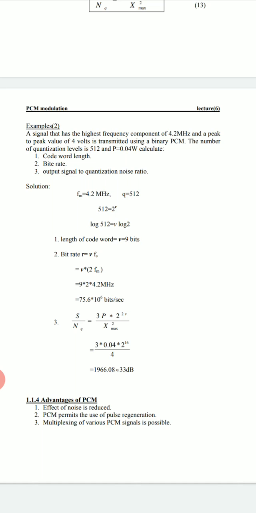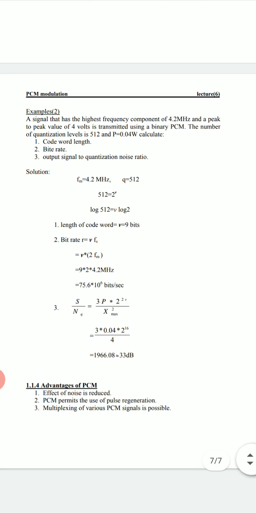The number of quantization levels is 512 and P equal to 0.04 watt. P is nothing but the normalized signal power. Calculate the code word length. Code word length means you are supposed to find the digital word bits, binary bits, which we take as V.